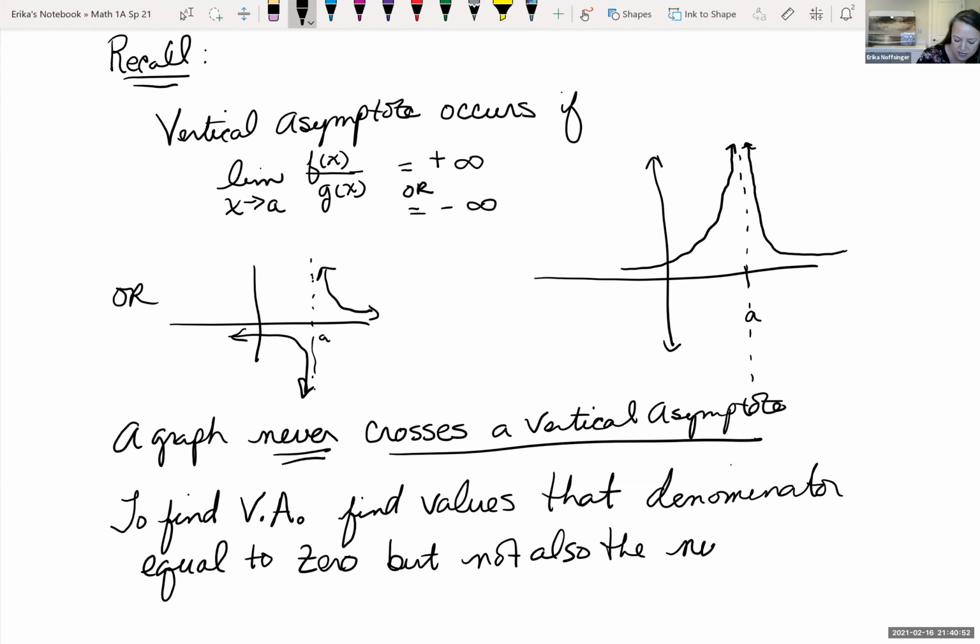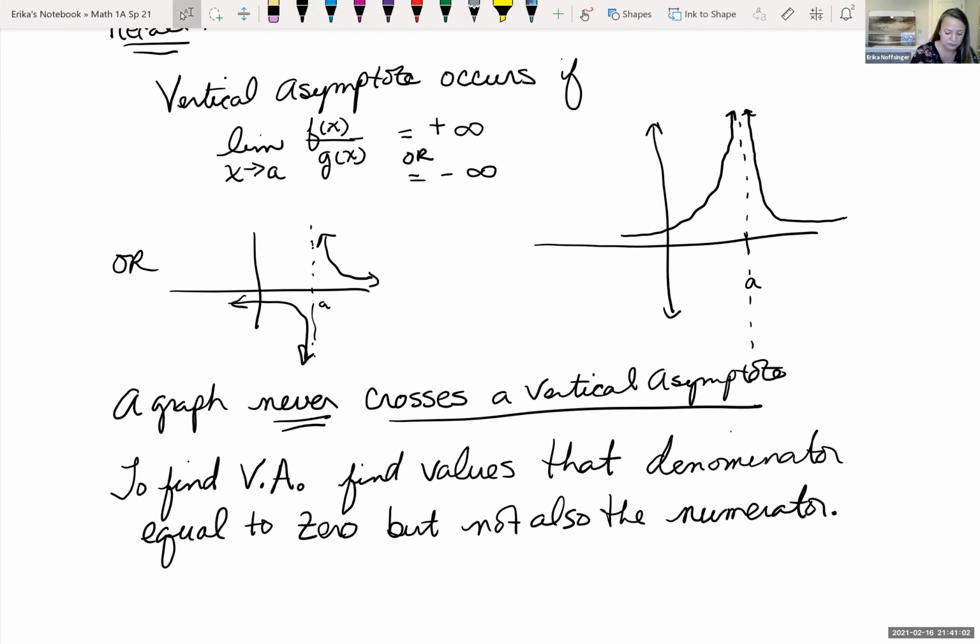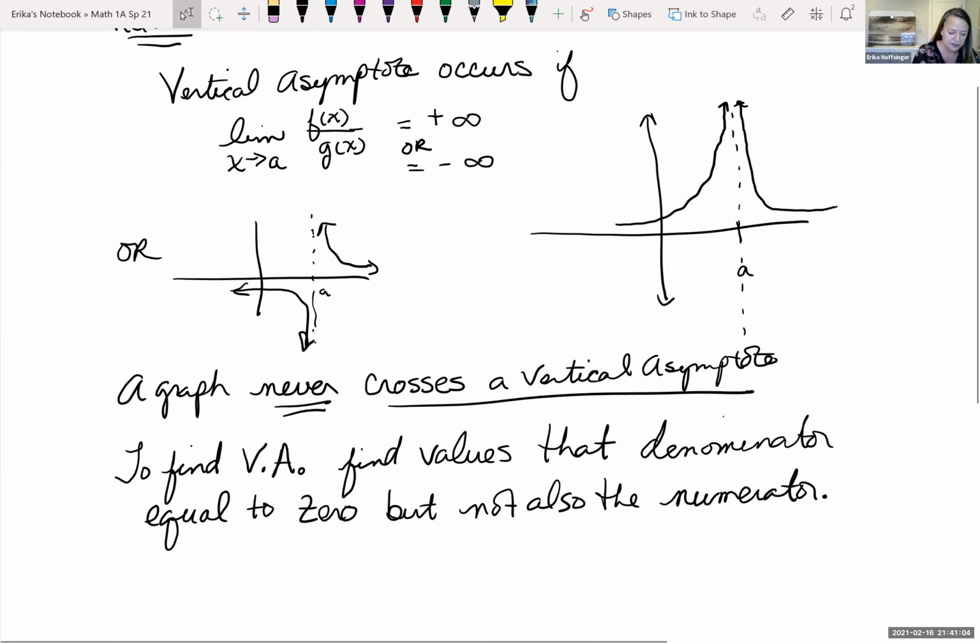If you found a value that sets both the numerator and denominator equal to 0, it's undefined there, but it's actually a hole.